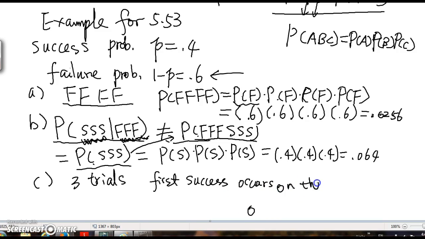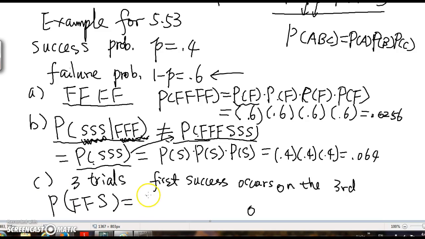We're going to use symbols to describe it. The first success occurs on the third trial, which means the first is a failure, the second is a failure, but the third one is success. Be careful, my example only has 3 trials. In the homework, you have 4 trials, so you need four letters to describe it.